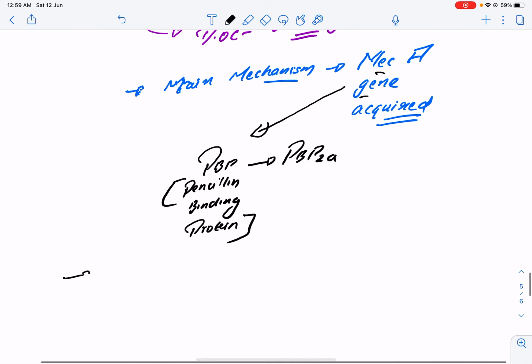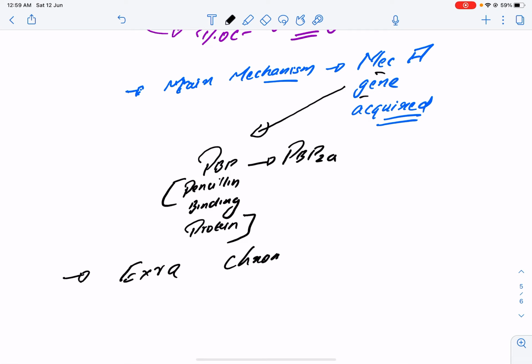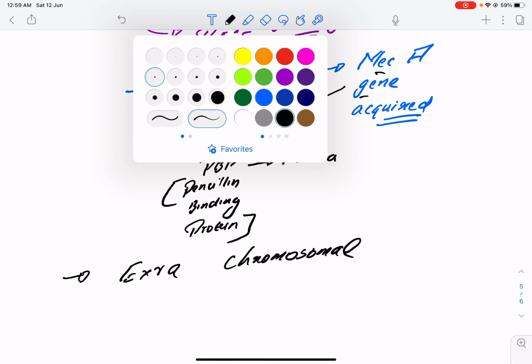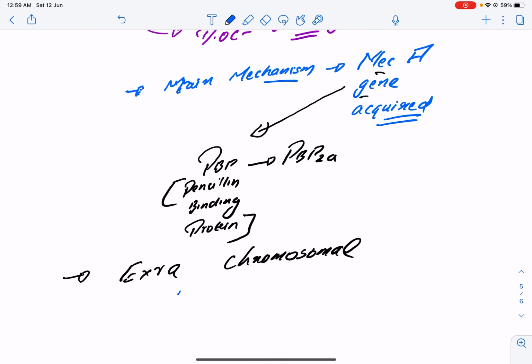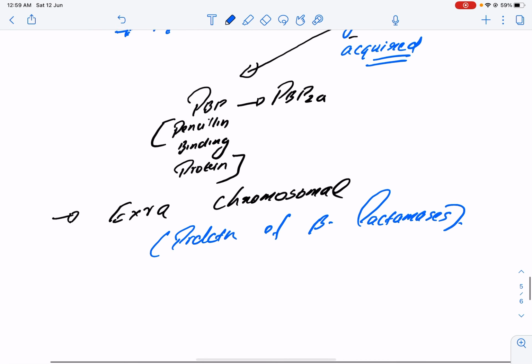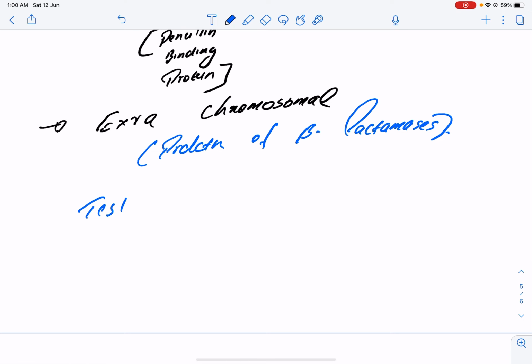They also have extra chromosomal material, which helps in production of beta lactamases. And we do some tests to diagnose MRSA.